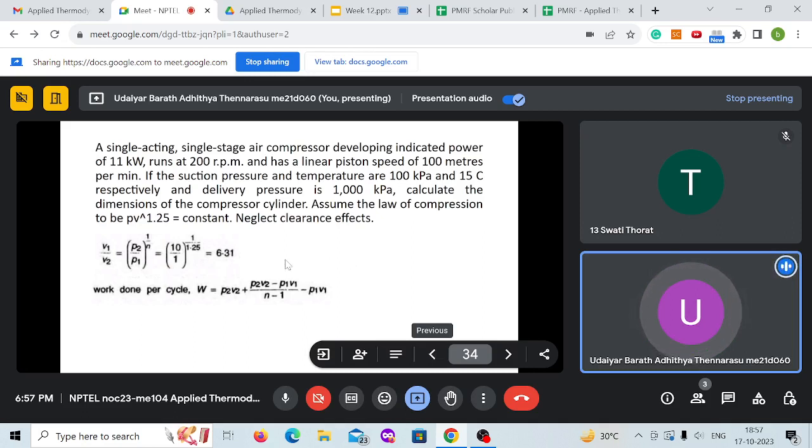Assume the law of compression to be PV raised to power 1.25 equals constant. Neglect clearance effects. So here previously we were asked to find the indicated power. Here they have directly given the indicated power as 11 kilowatt, and the rotation speed is given as 200 rpm, and the piston speed is also given as 100 meters per minute.